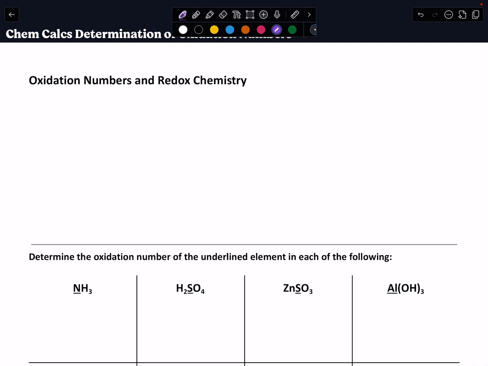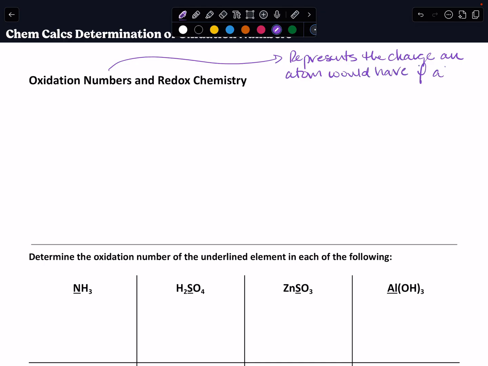All right. So we're going to start with the definition of oxidation number. It is similar to charge. But more specifically, it represents the charge an atom would have if all bonds were ionic bonds.